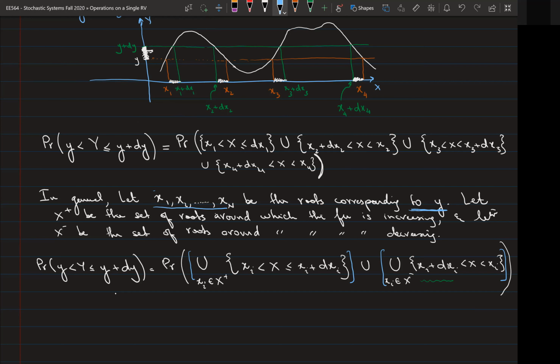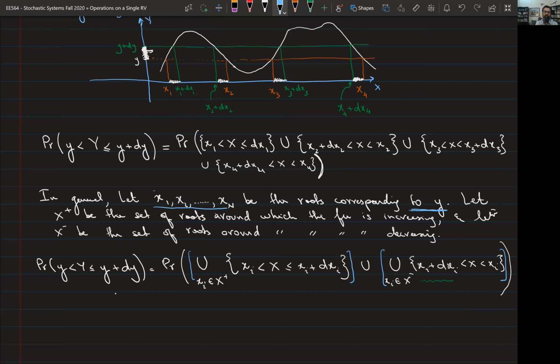Like some coordinate on that very curve to see if it is even lying within that y plus dy range or not. No. There's going to be at least one root, or there may be no roots. For that case, you have the null set, and the probability of that particular y is going to be 0.